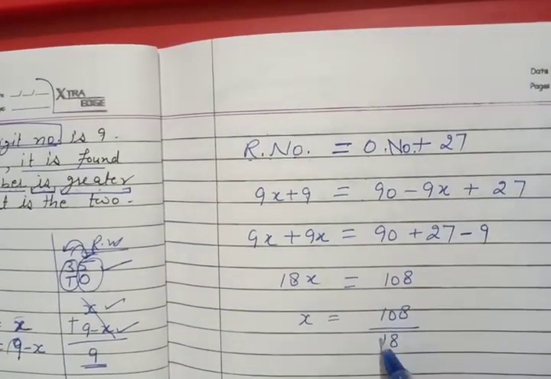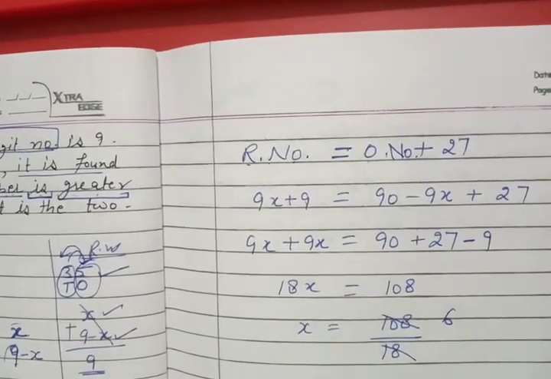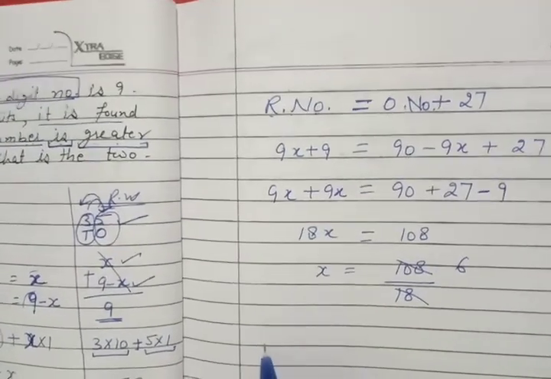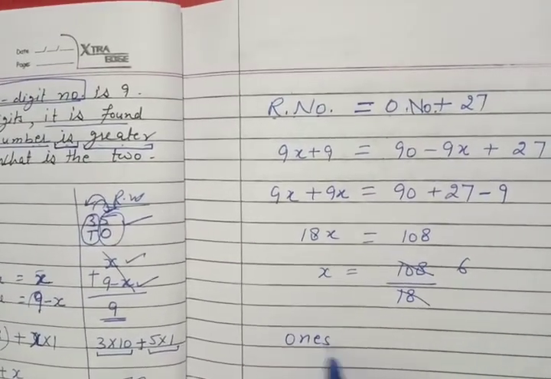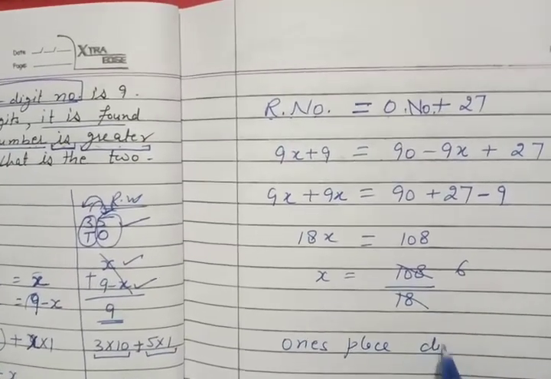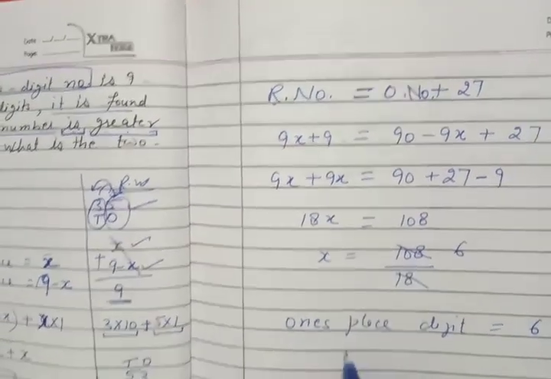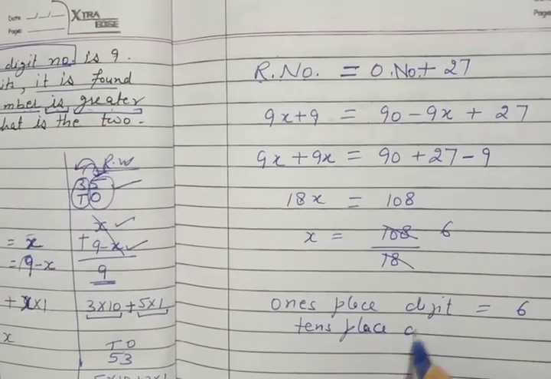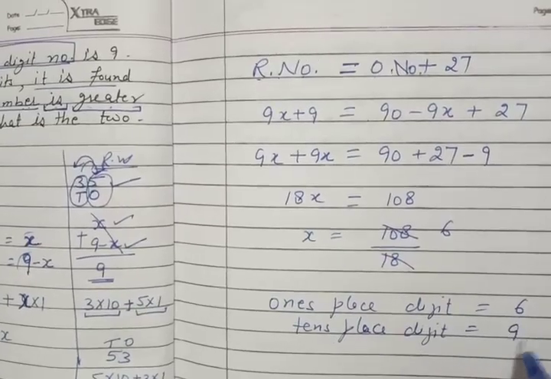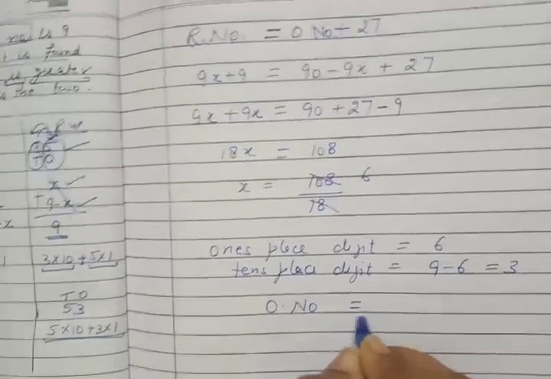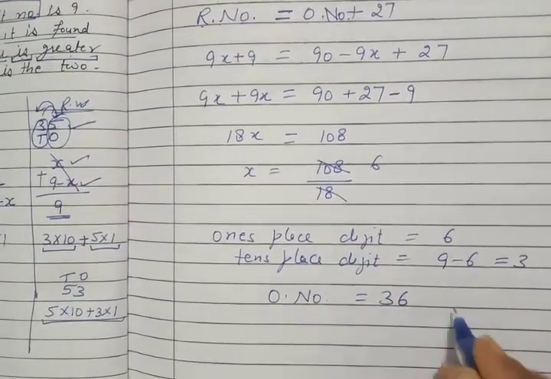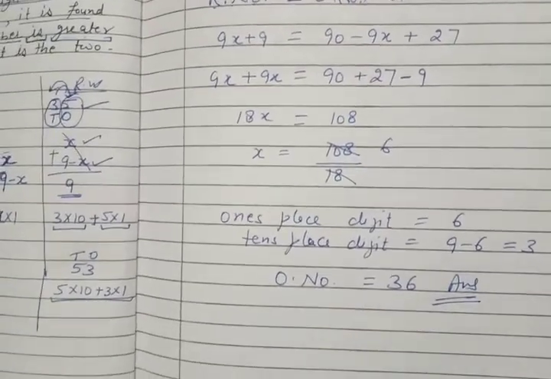So it is 18's 6, 108. We have got x, so ones place digit is equal to 6 and tens place digit is equal to 9 minus 6, which is 3, and original number is tens place 3, ones place 6. So this is our final answer.